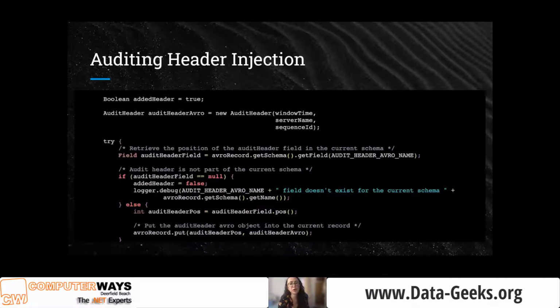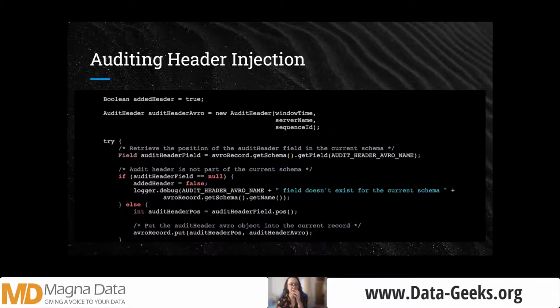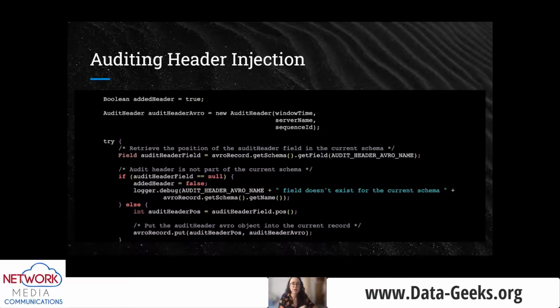What you see before you right now is just our Java code that we implemented in order to inject that data into our message. So how did we do that? This code runs as part of our producer, meaning that this code runs for every Avro message, no matter what the message is.